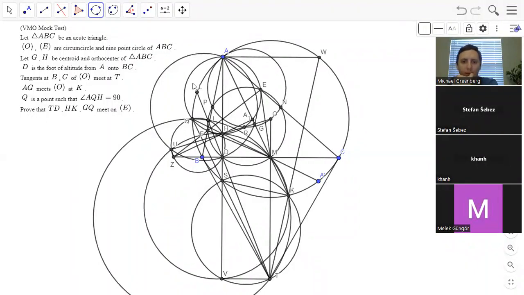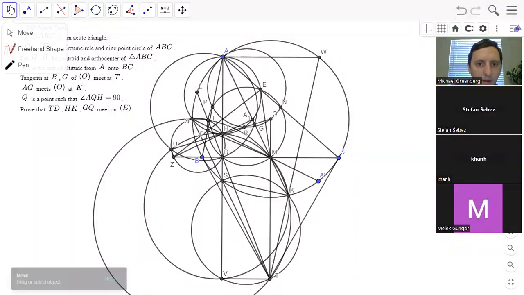Then A1 and G are collinear. And we know that G is on the Euler line, so G is the centroid. Okay. So then G has to be the centroid. Yeah, so I think this proves that QHD and AGD intersect on the Euler line. Okay. AGD.